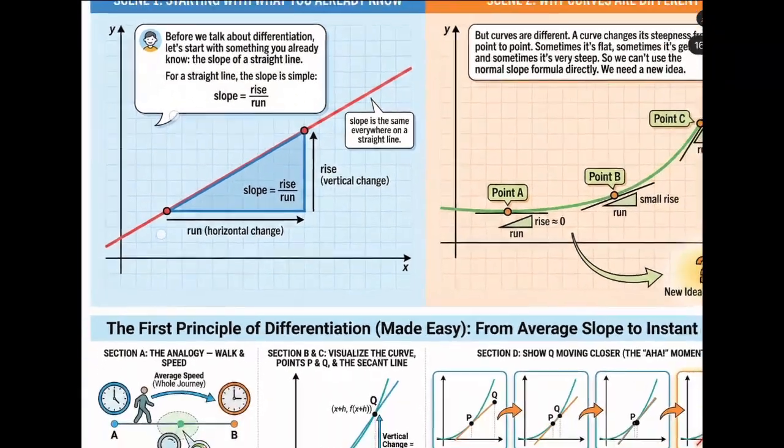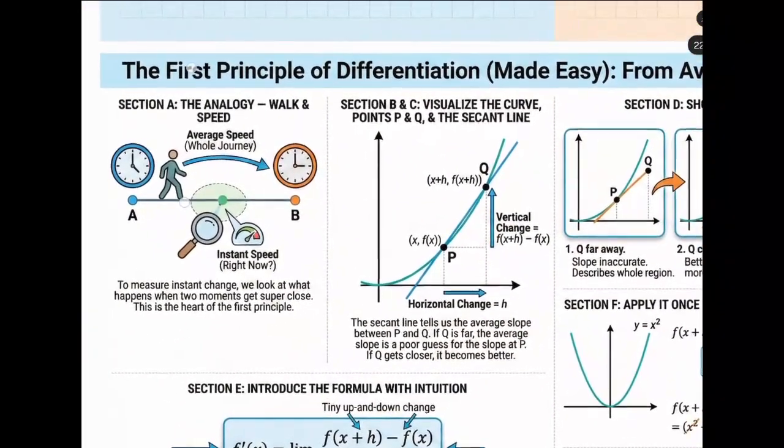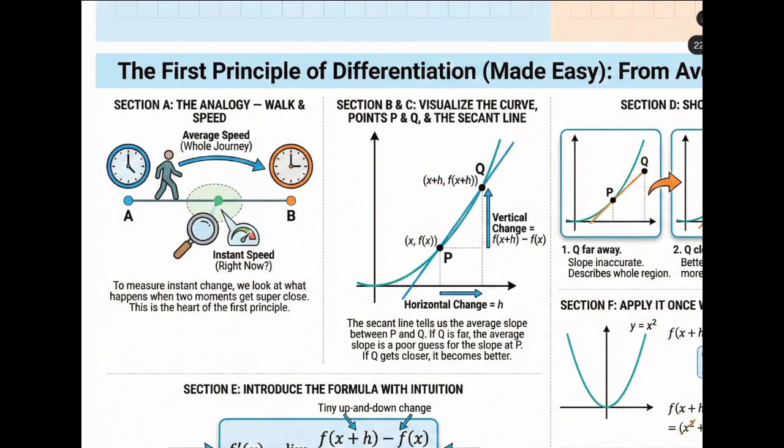Now, to find how steep the curve is at a point, let's say point P, we are going to choose 2 points. So we are going to have point P and another point, point Q. For point P, we are going to have the coordinate of x, f(x).